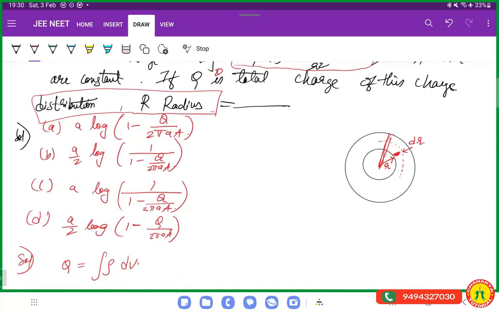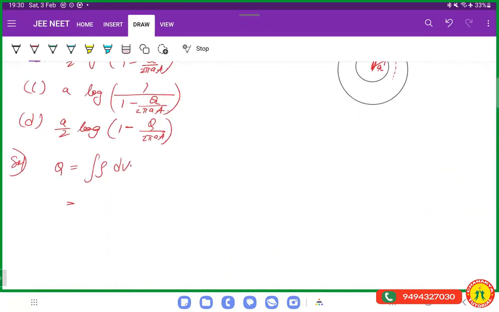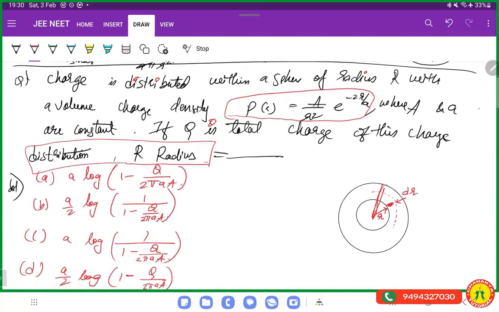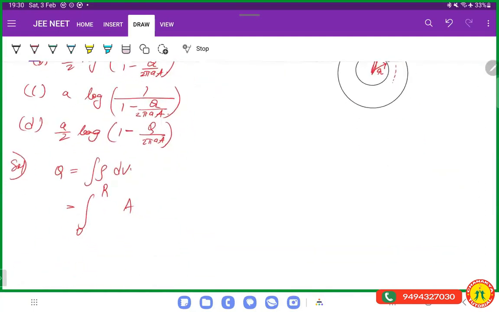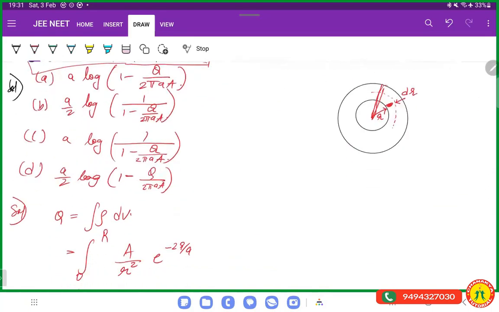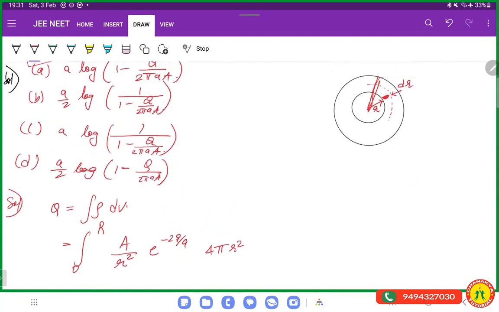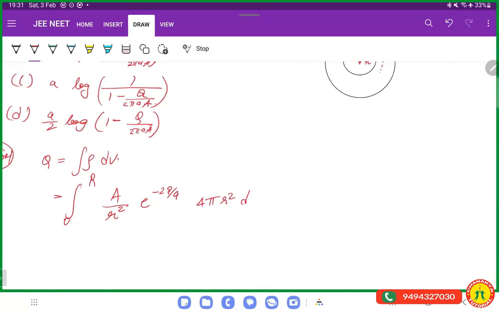From the question itself we can find the limit, so it is 0 to r. Rho is A by r square e to the power minus 2r by a. Now dV means 4 pi r square into dr.